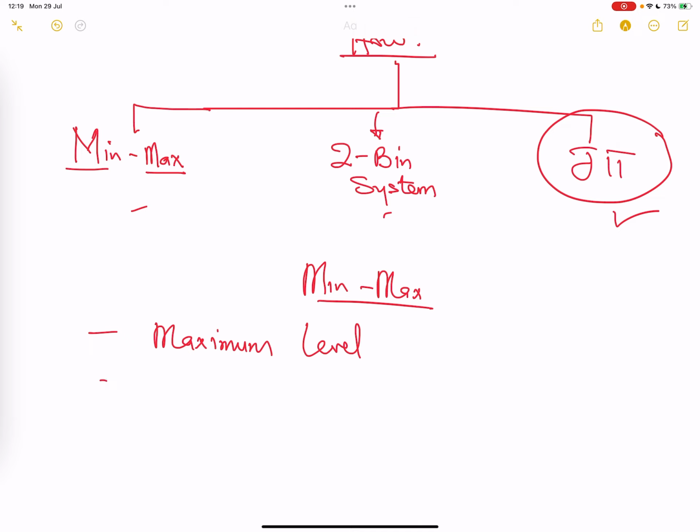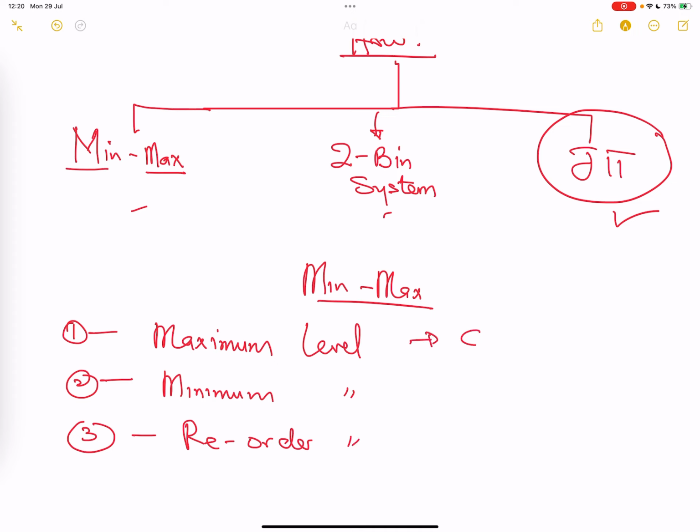So we need to determine three levels: the maximum level, the minimum level, and the reorder level. These are three different things. Maximum level is your cap. It's saying that you must never have more than that at any point in time. You are not allowed to have more than that quantity of inventory.